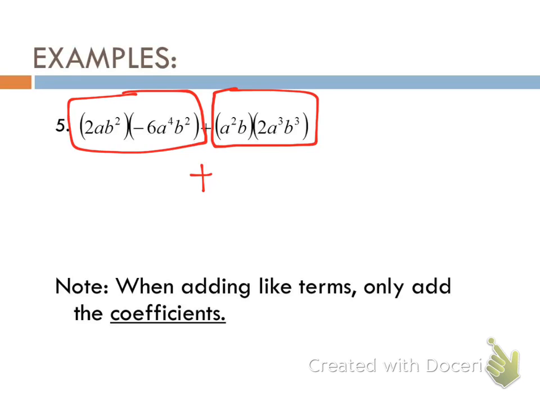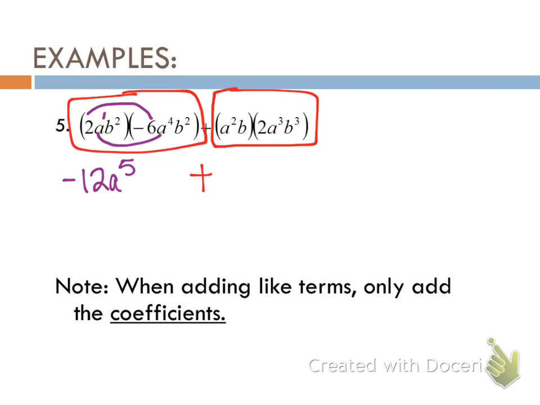For the first one, I'm going to have to take 2 times negative 6, and I would get negative 12. I have to take a times a to the 4th. A to the 5th. We have to remember that the a has an exponent of 1 on it. 1 plus 4 is 5.